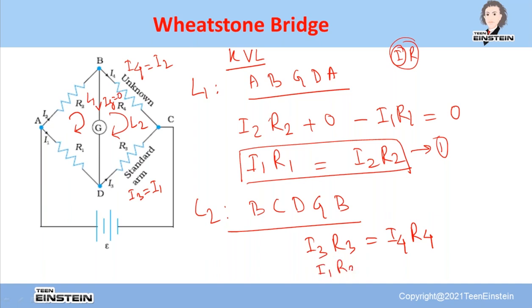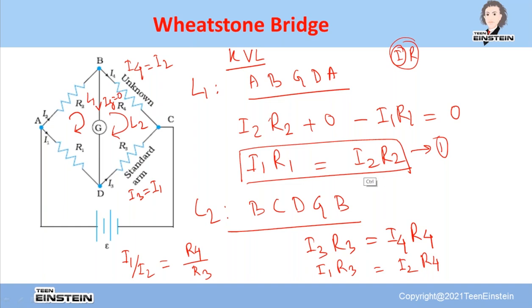If I substitute them, I3 is equal to I1, so I1 R3 is equal to I2 R4. If I take the ratio I1 by I2, I get R4 by R3.